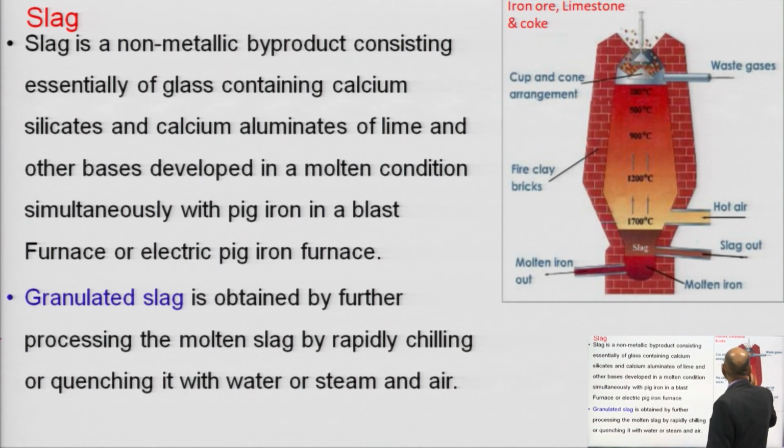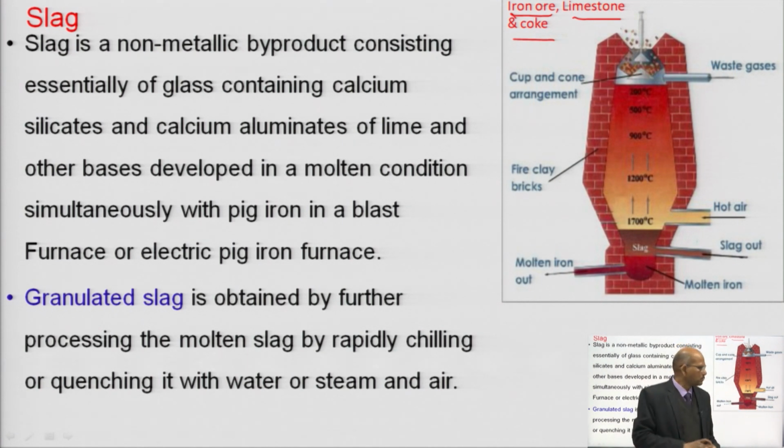We put in the iron ore, then the limestone and coke, and we reach a temperature of about 1500 degrees centigrade. Inside, the temperature may be 1700 degrees centigrade, but for fusion we need at least 1500 degrees centigrade. At the bottom, the density is higher, so molten pig iron will be there, and on the top we have the slag.